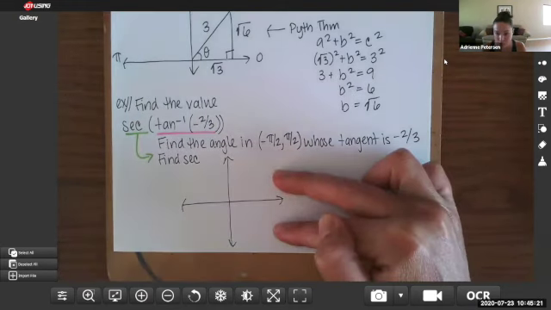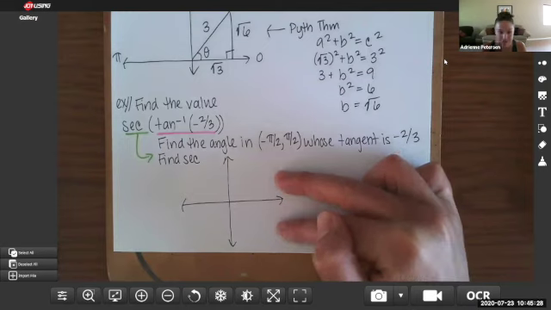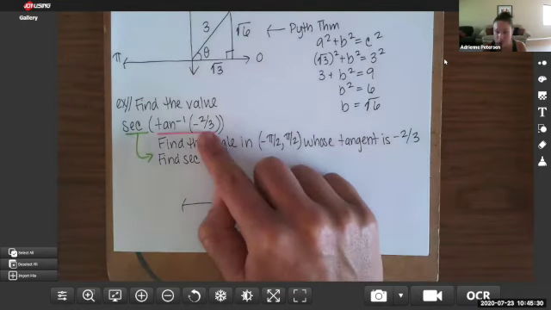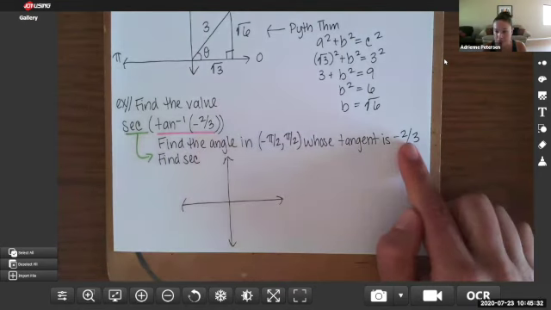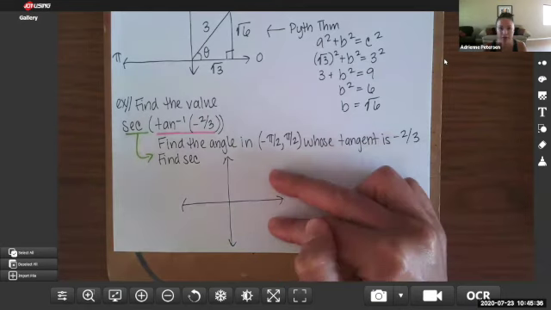It has to be in quadrant 1 or quadrant 4. Has to be between -pi/2 and +pi/2. And we know that we want tangent to be -2/3. So if tangent is -2/3, in the chat box there, type in, tell me what quadrant should I draw my angle in, quadrant 1 or quadrant 4? Great, quadrant 4.